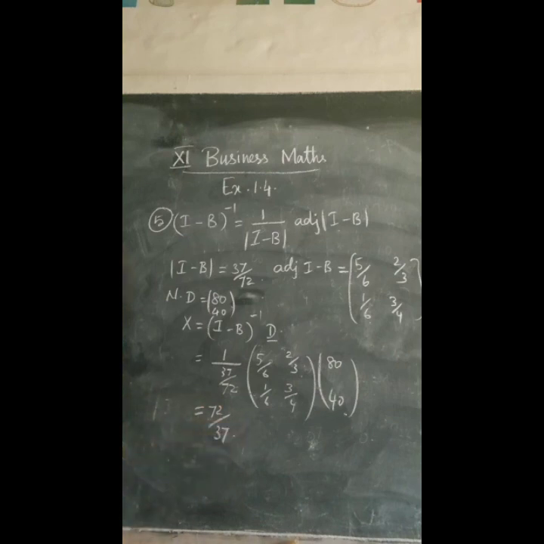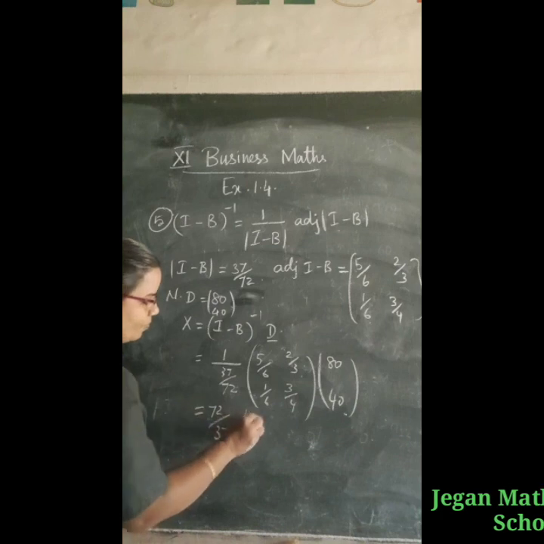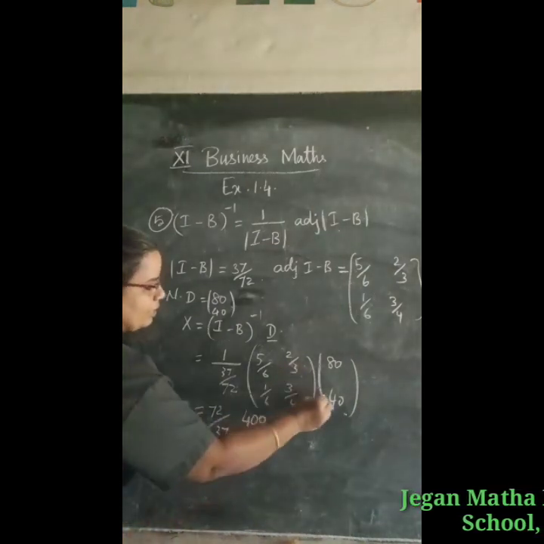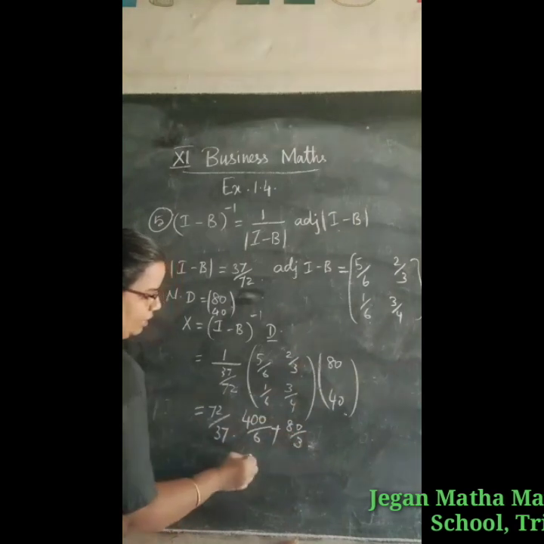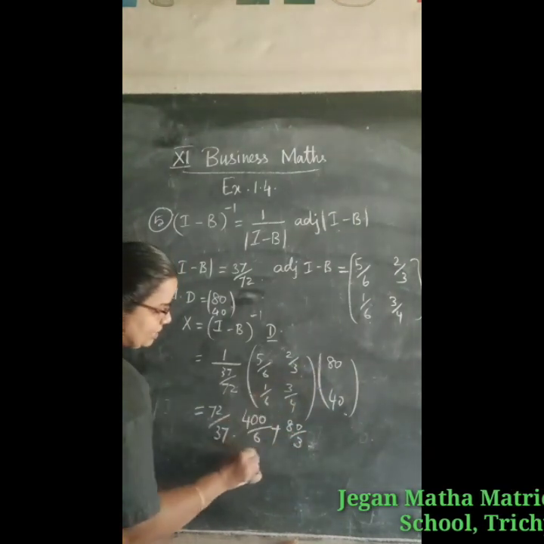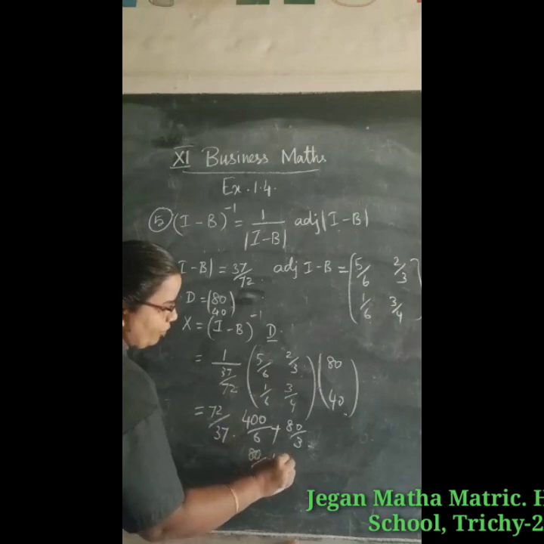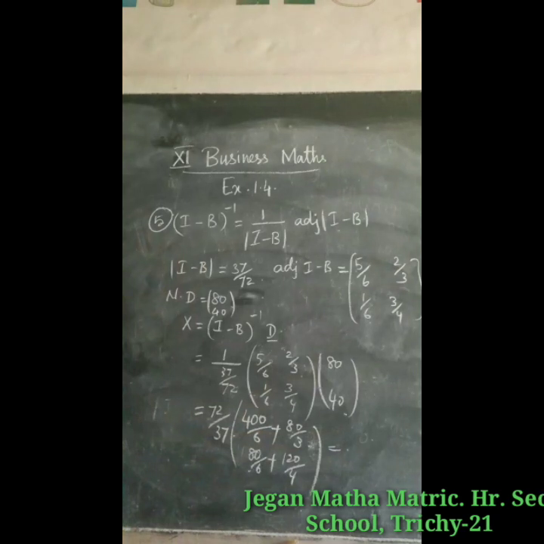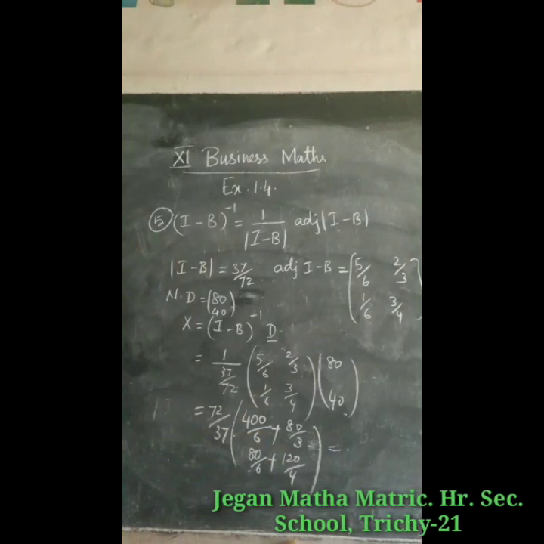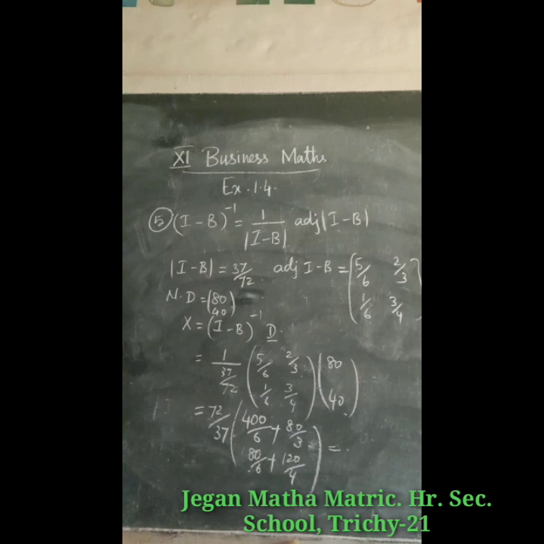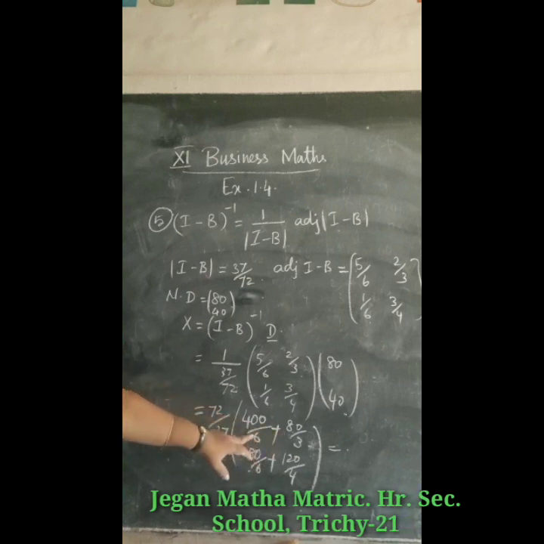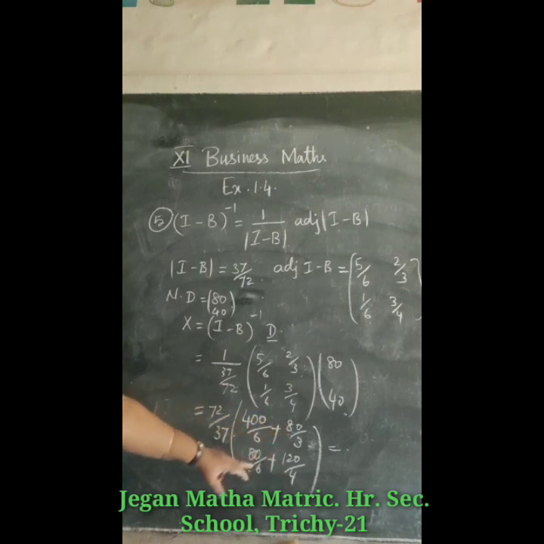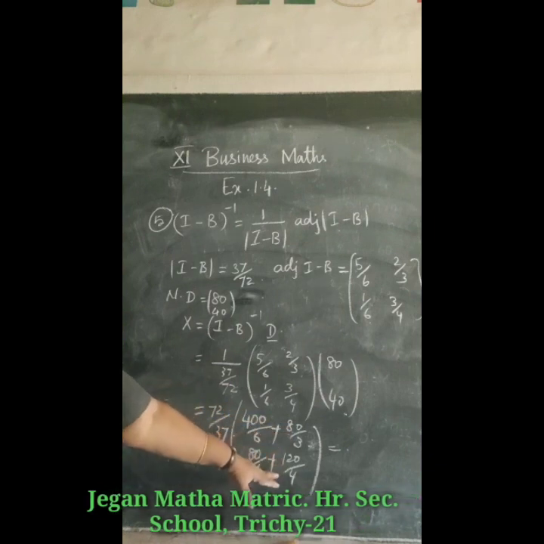We will get 72 by 37 into 5 by 6 into 80, that is 400 divided by 6, plus 80 divided by 3, and another row 80 by 6 plus 120 divided by 4.